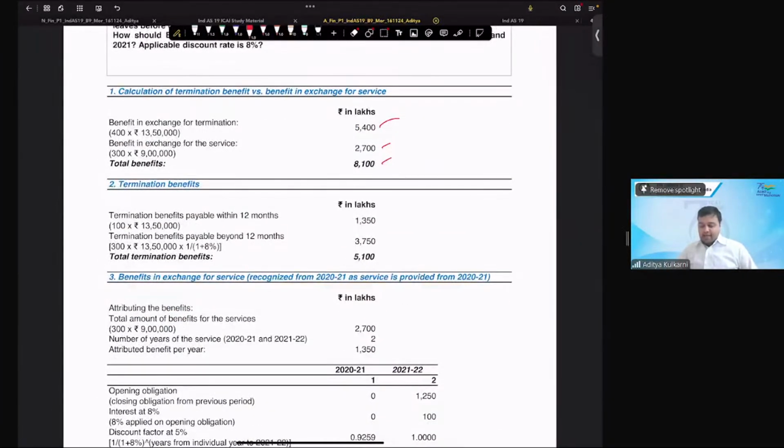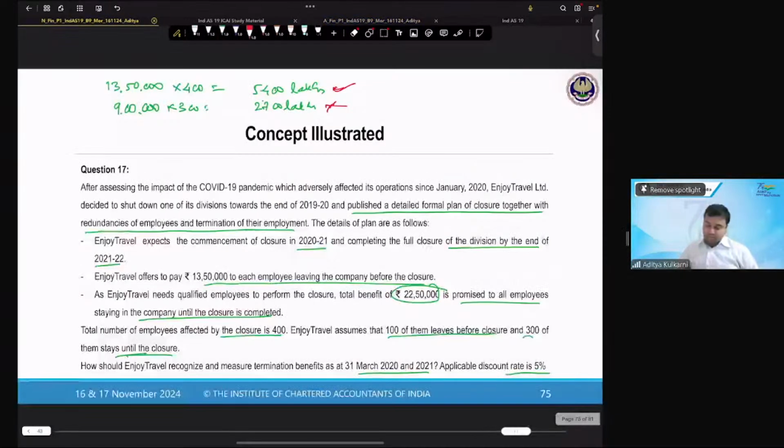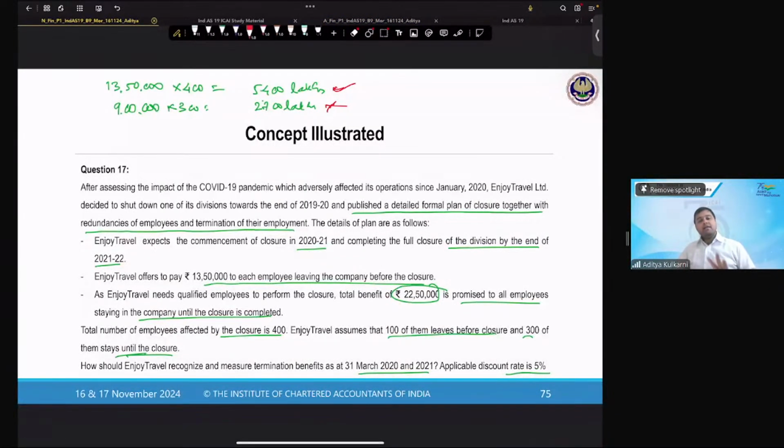Now, if I look at termination benefits, 100 employees are getting the payment immediately because they are not staying till the closure gets over. Yes or no? Yes, sir. Out of 400, 300 people will remain to complete the closure.